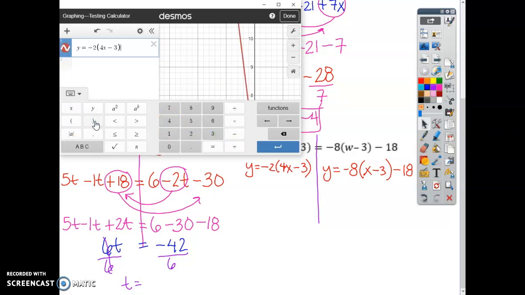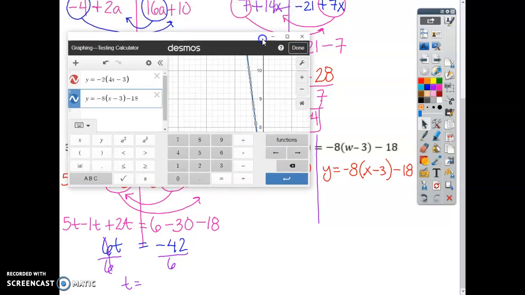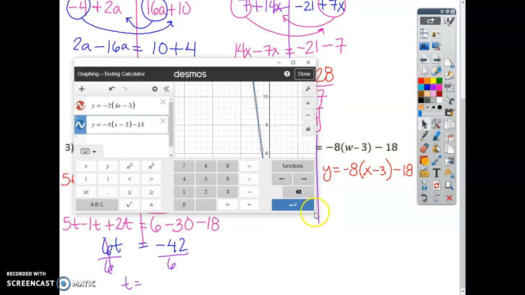Everybody's typing it in their calculator. Y equals the right side. Negative 8 parentheses x minus 3, close parentheses, minus 18. And I'm going to make this bigger.